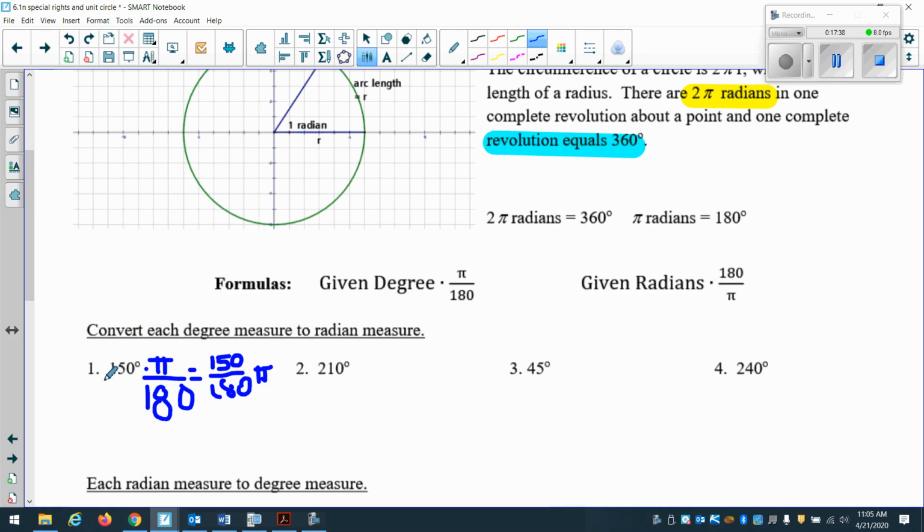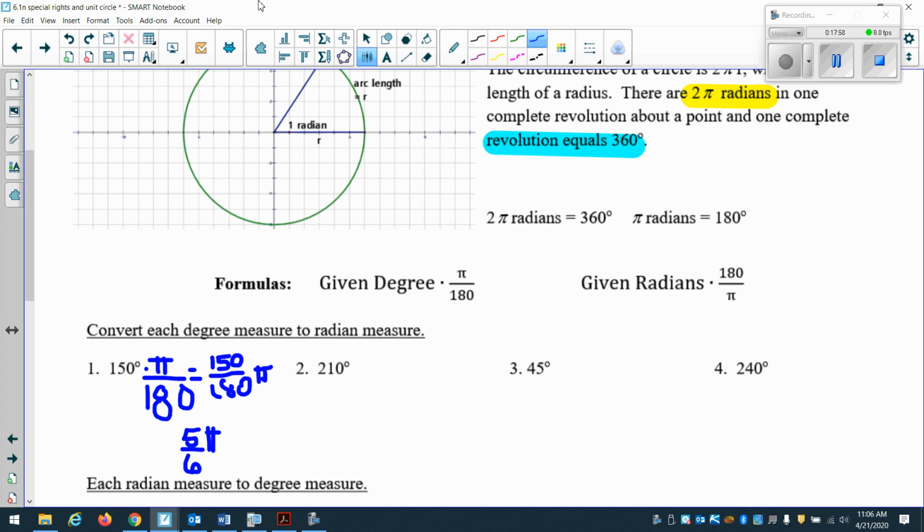So in radians, 150 degrees is 5/6 pi, or 5 pi over 6. That's your radian measure for 150 degrees.